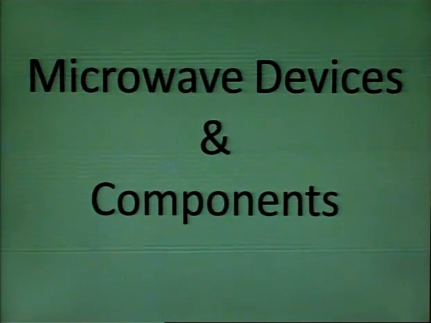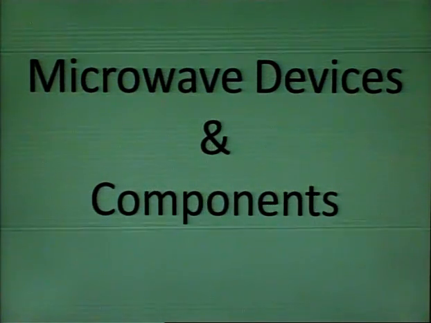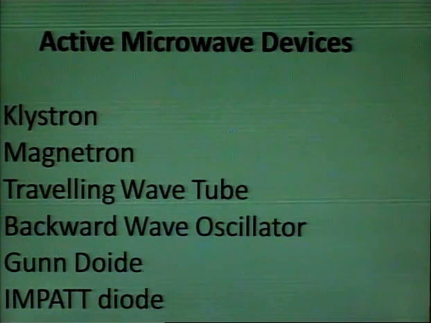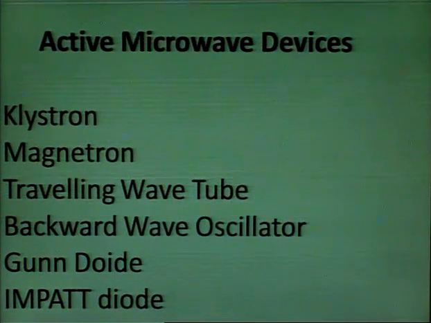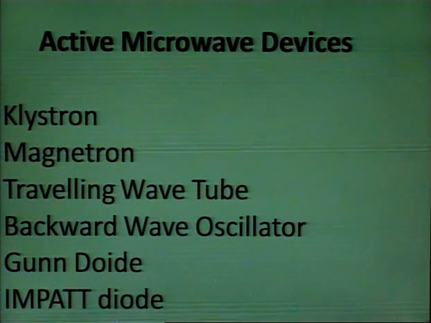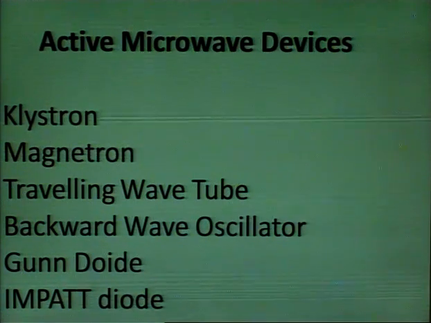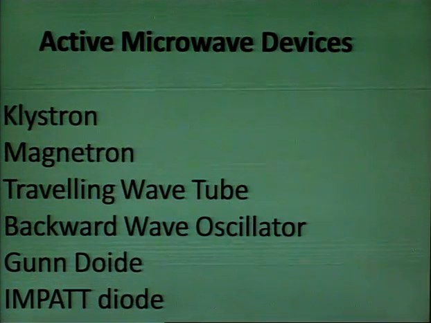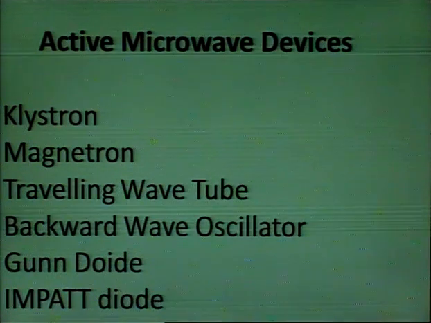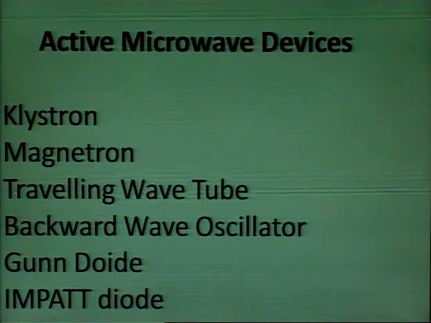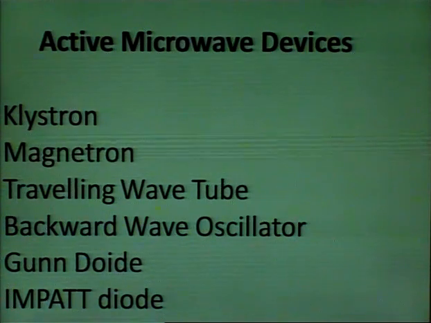Now, we will discuss the microwave devices and components. What are these? Active microwave devices: klystron, magnetron, travelling wave tube, backward wave oscillator, gunn diode and impatt diode. Microwaves have special purpose devices which are used for microwave frequencies only.